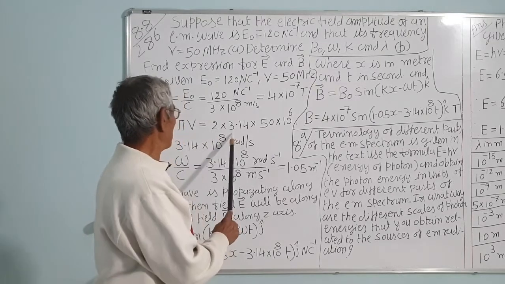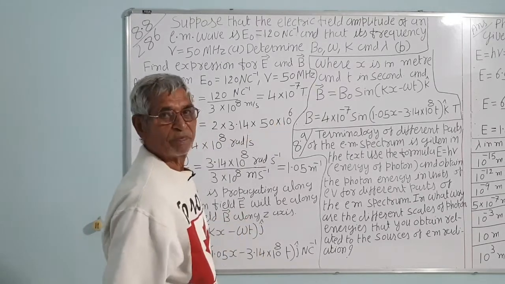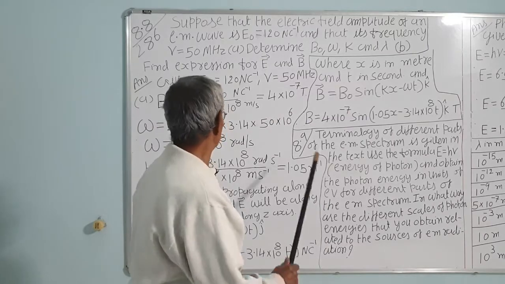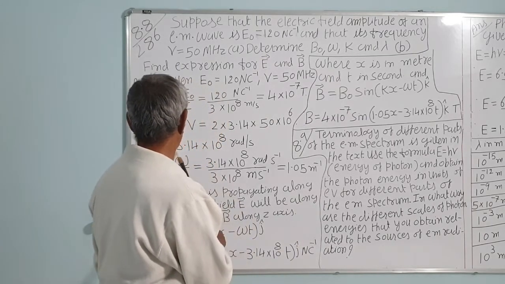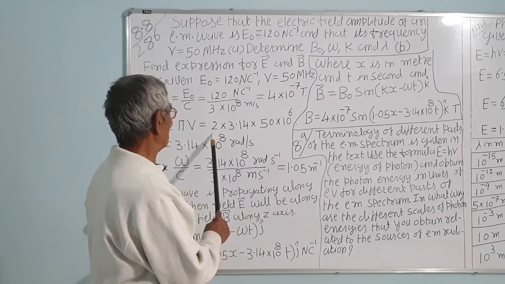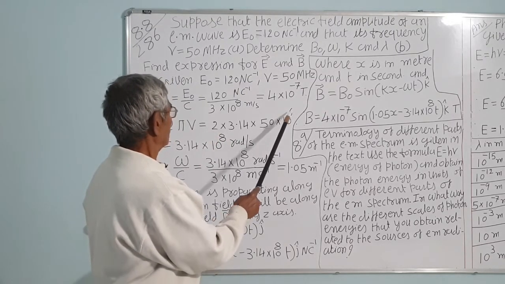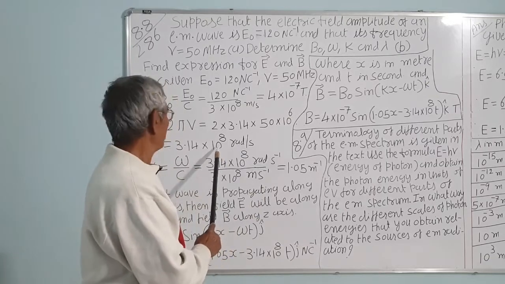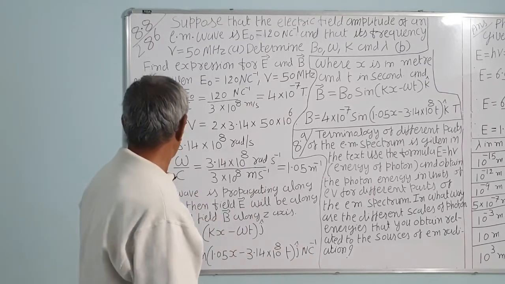Omega is equal to 2 pi nu. That is 2 into pi, 3.14, into frequency 50 megahertz, that is 50 into 10 raised to 6. That is equal to 3.14 into 50 into 2, that is 100, correct. So, 6 power plus 2 is 8 power, it will be 10 raised to 8 radian per second.